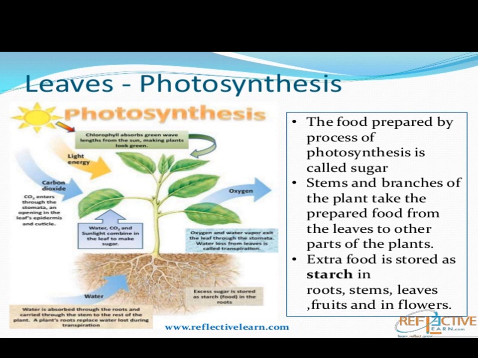So in the same way, whatever you eat as food is prepared by the process of photosynthesis. So children, now you are aware what is responsible for food making and what things are necessary for it to take place. So let us move forward.